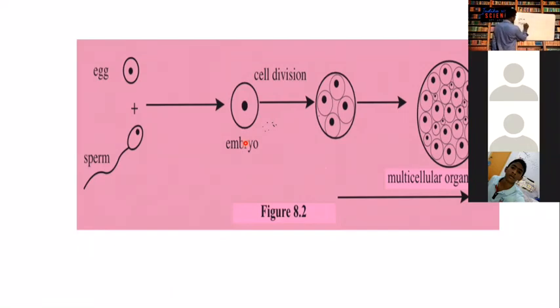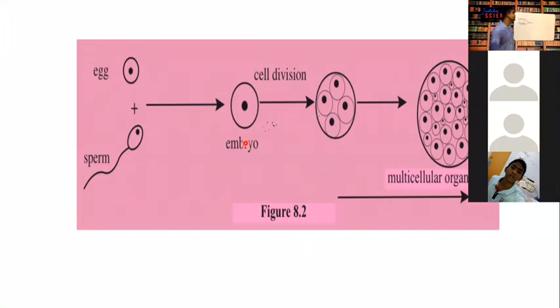In the textbook it's given as embryo, but I don't agree with that term. The embryo is formed from there, but one cell is formed by them together. Can anybody tell me the name of that particular cell?